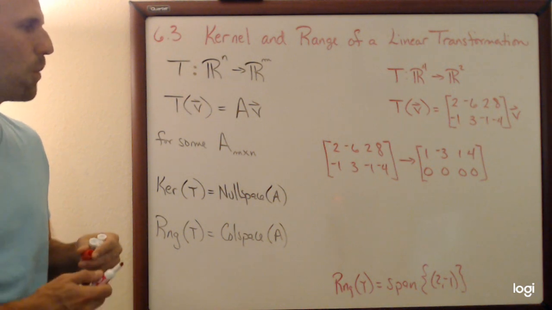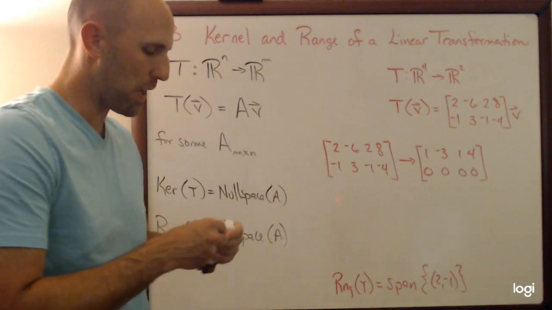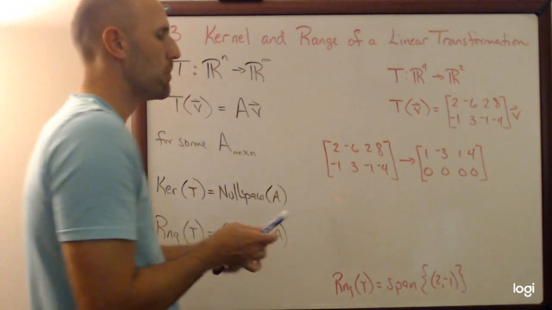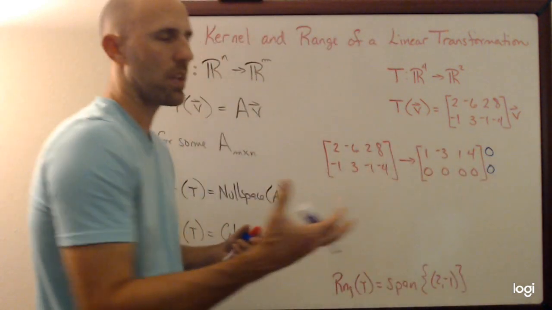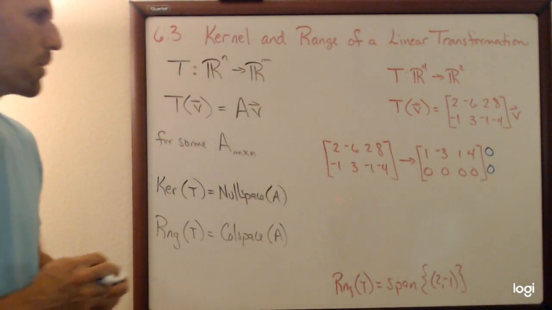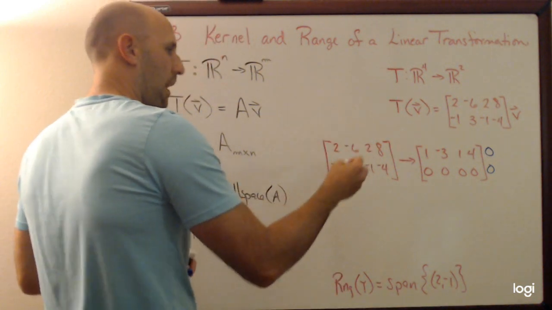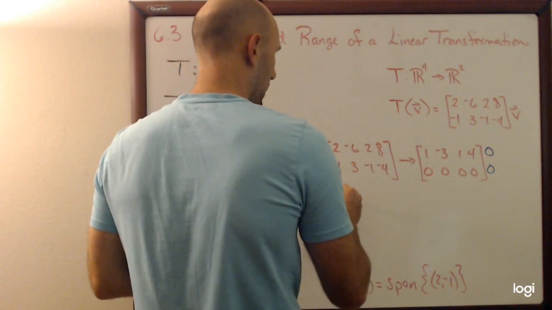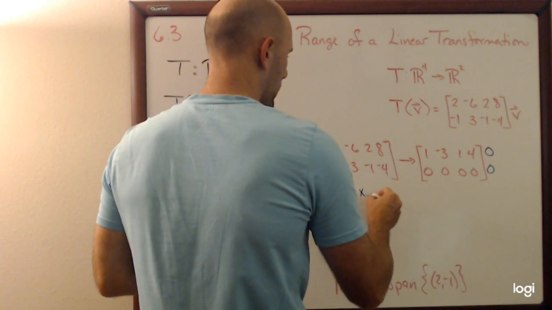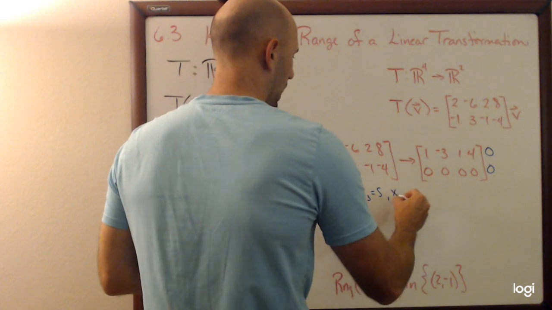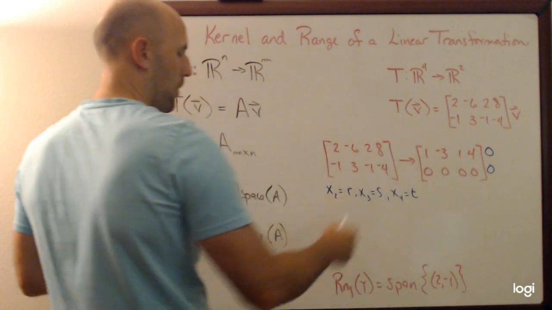What about the null space? Again, for the null space, we assume a zero solution column here, and then we parameterize and come up with a basis the way we normally would for solving a linear system. In this particular case, we can let x2 be R, x3 be S, and x4 be T. I need to parameterize 3 of these because I only have one rank here.